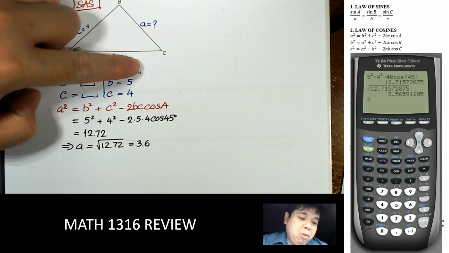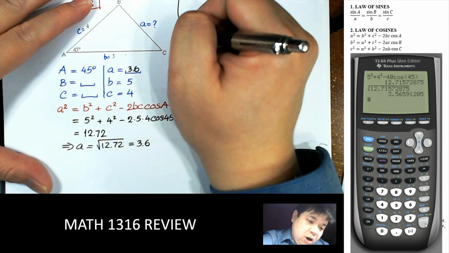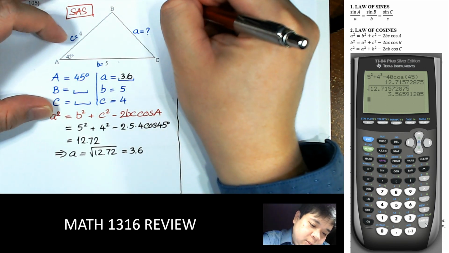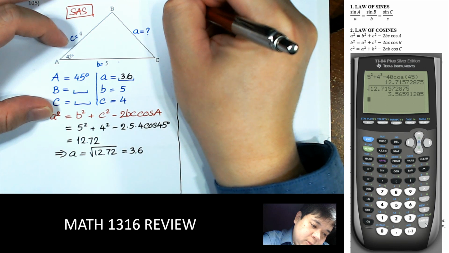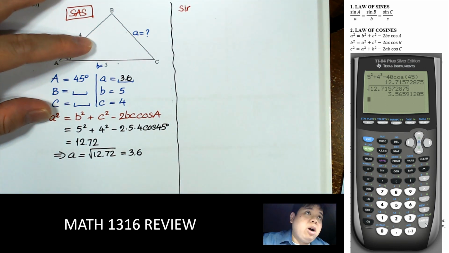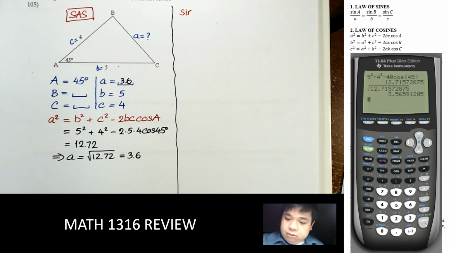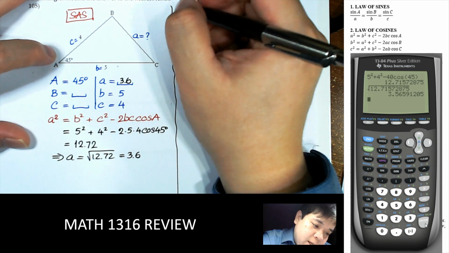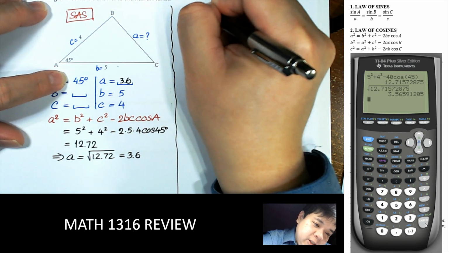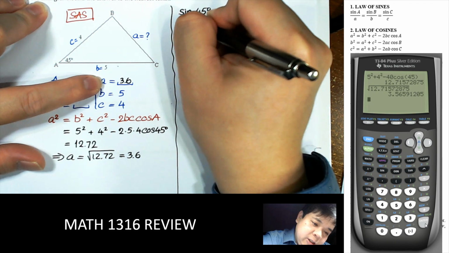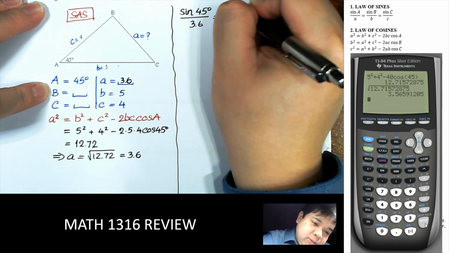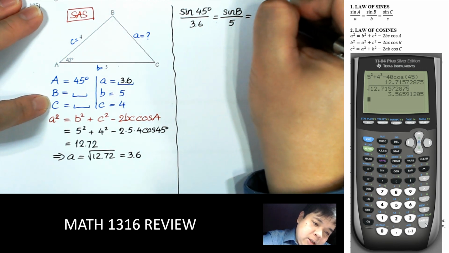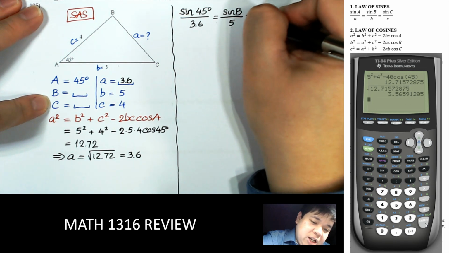Right, now we have a pair of opposite sine angle, so we can use the law of sine again. Just going to write the law of sine. Sine of 45 degrees over little a, sine of B we don't know, over little b we know is 5, sine of big C we don't know, the side c is 4.